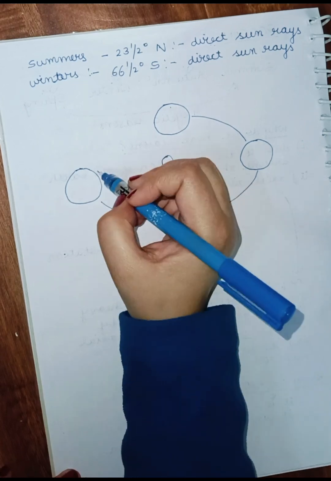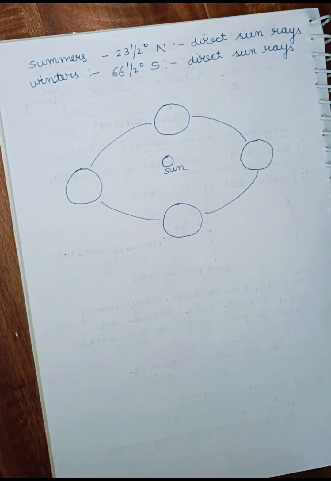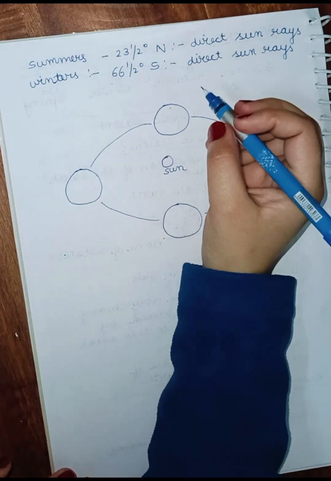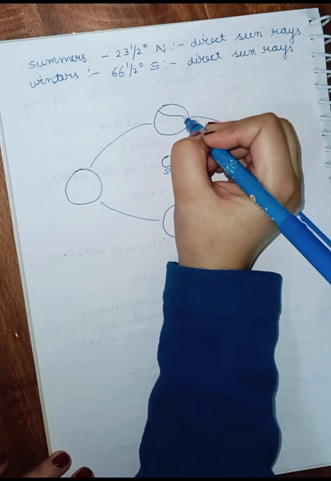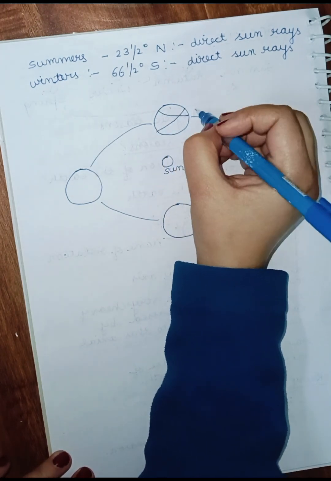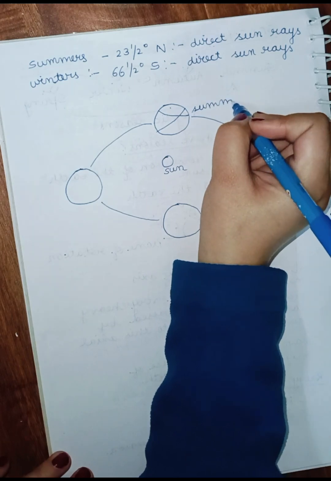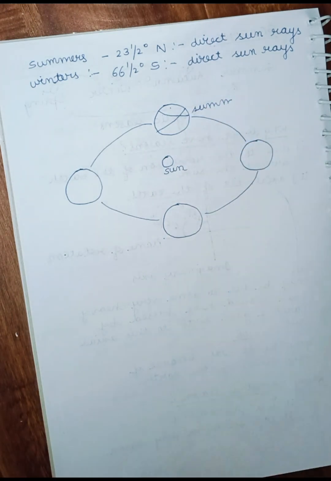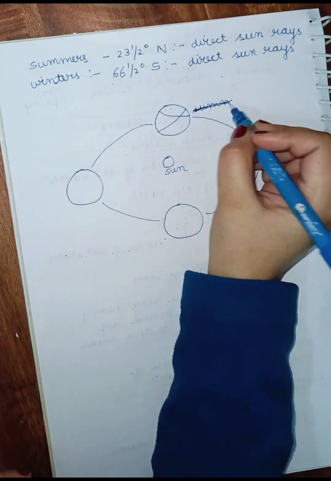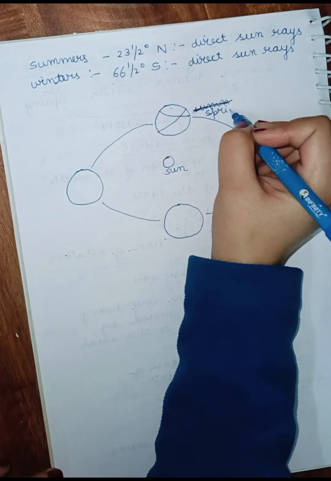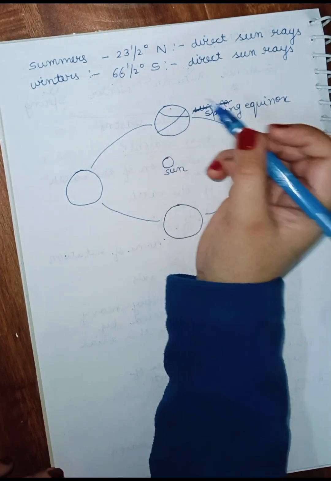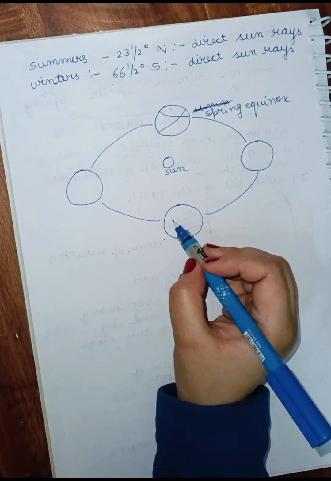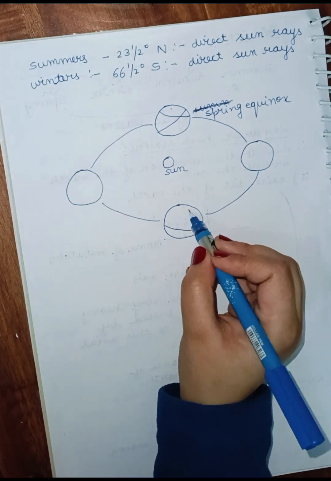As we have already read, the seasons are cyclic in nature. This is the spring equinox, and here we have the autumn equinox.